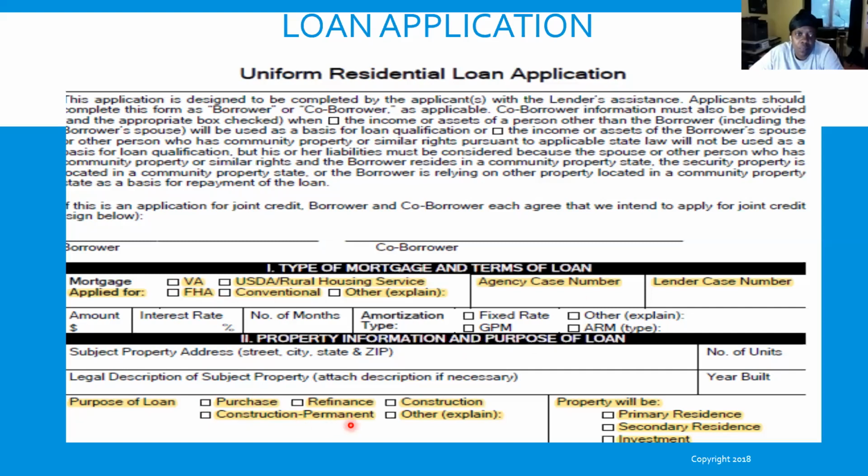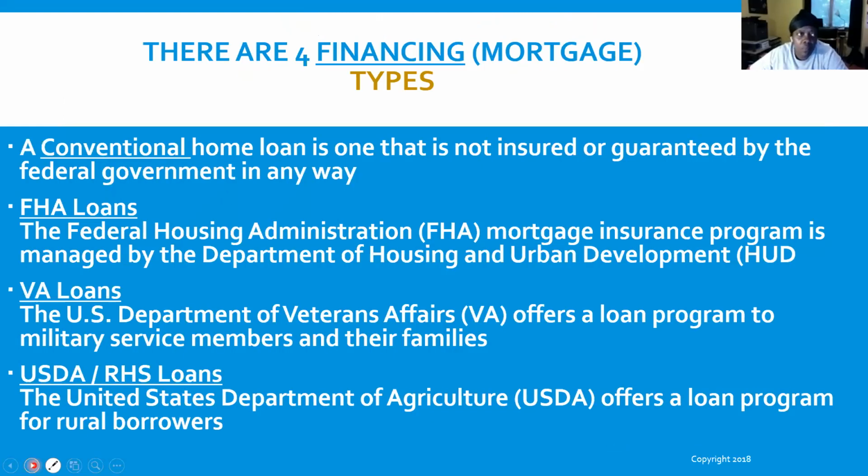Construction to perm just means that the house is being built, and then it's construction once it's finally completed. The other thing that's important is over here, but that doesn't come up quite as much: will the property be a primary residence, a secondary residence, or an investment property? That's good to know. It's not going to be something major in your life, except when it is a purchase, you'll want to make sure that you're getting those documents back to your title company as quickly as possible.